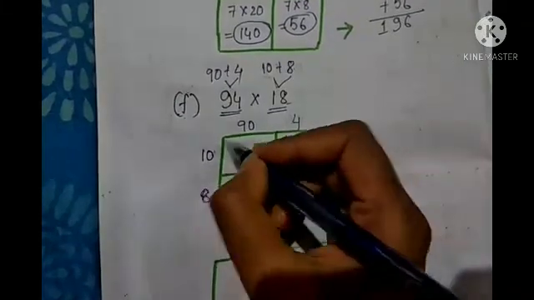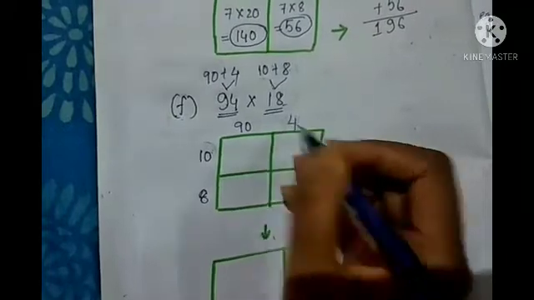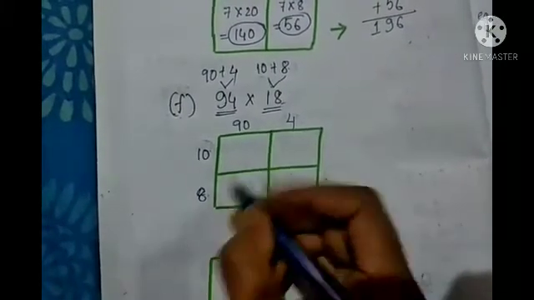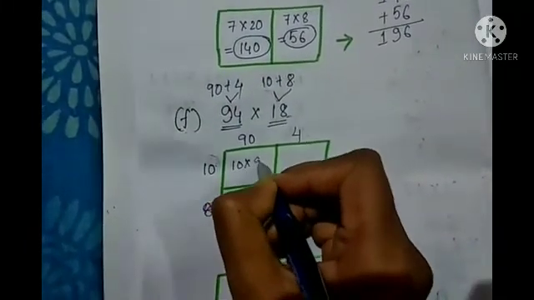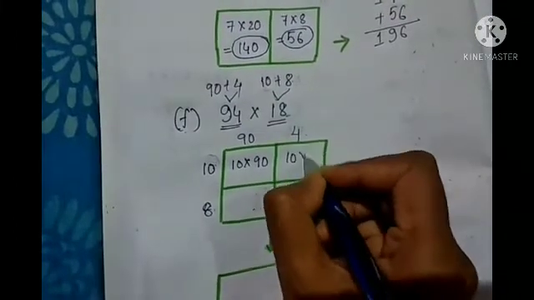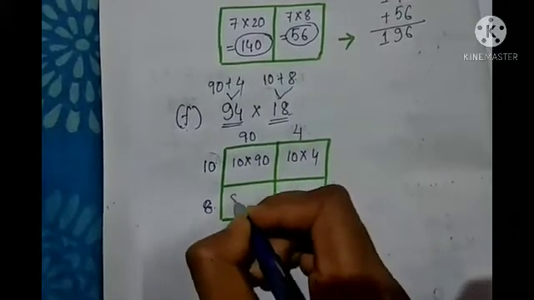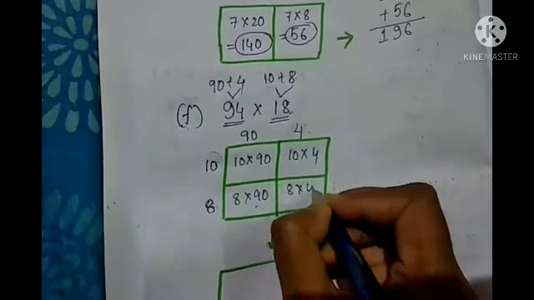We have to multiply, right? So with this number we have to multiply both the numbers, and in the next step we have to multiply both the numbers with 8. So here we will multiply with what? 10 into 90. And here we will multiply 10 with 4. Here we will multiply again 8 with 90 and here 8 with 4.